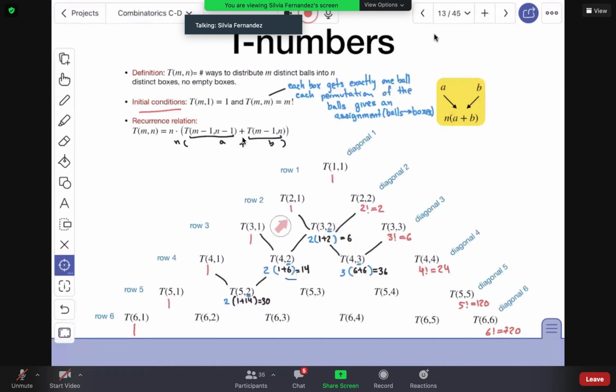So I need to add these two. This is 1, this is 6. So 1 plus 6, as in the regular Pascal triangle, this value plus that value. And then the 2 is just the second entry of the number that I'm trying to get.